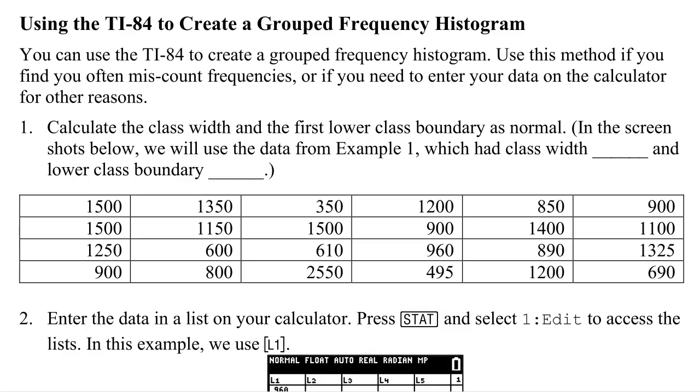In example 1, we calculated a class width of 367, and our first lower class boundary was at 349.5. We're going to need to tell the calculator that we want it to draw us a histogram with that class width and that lower class boundary.